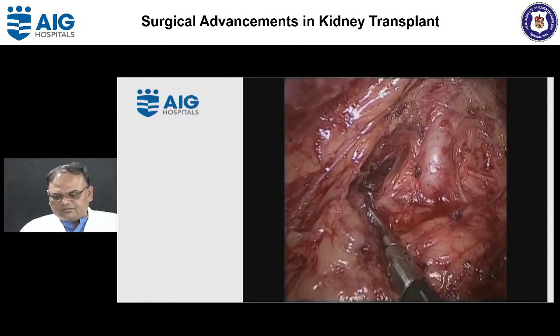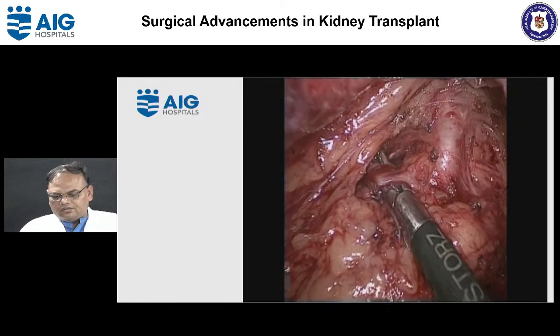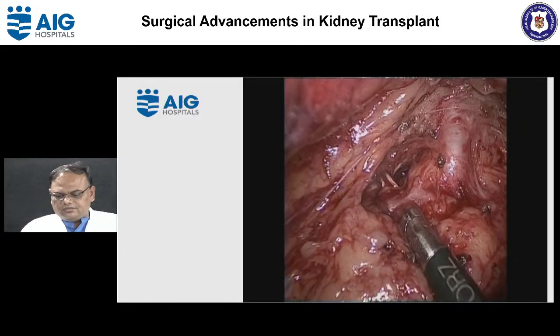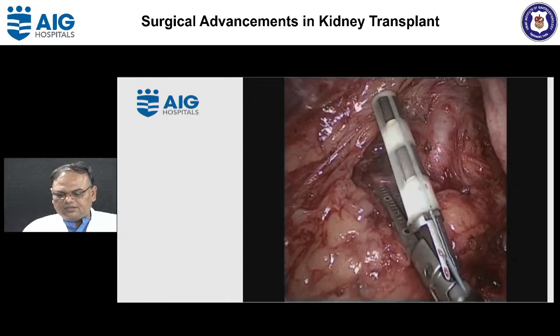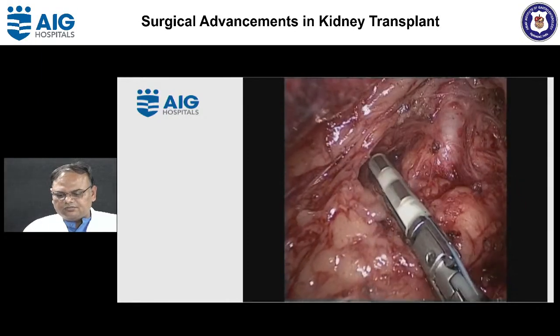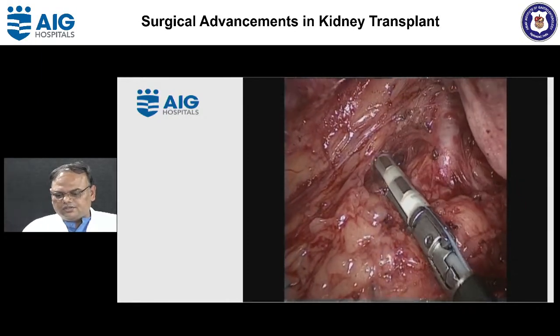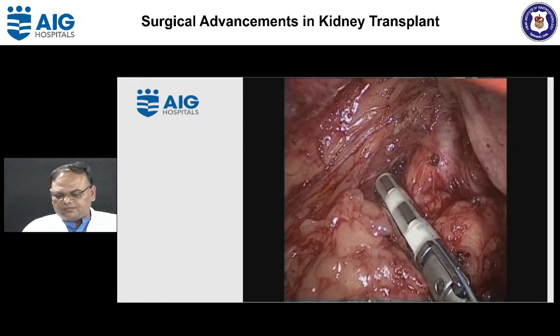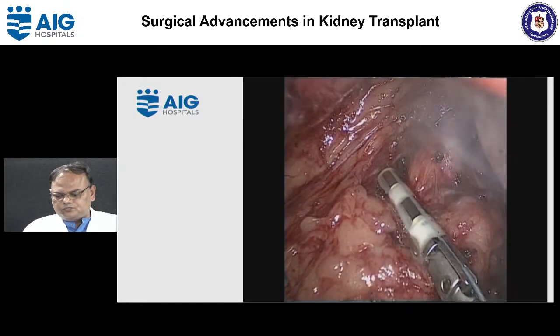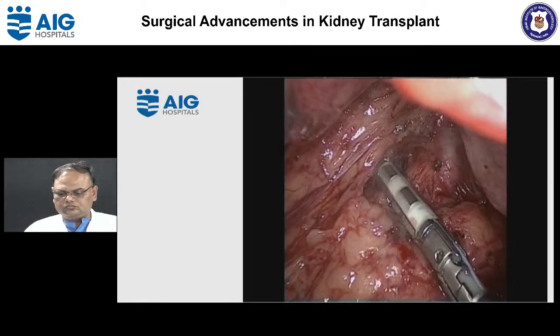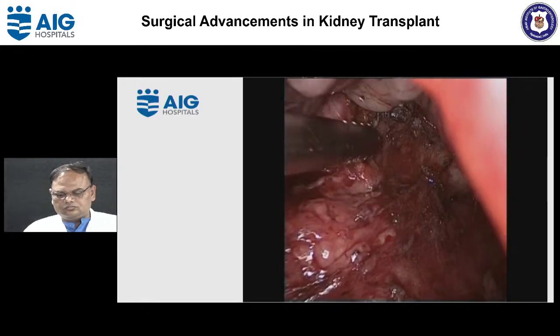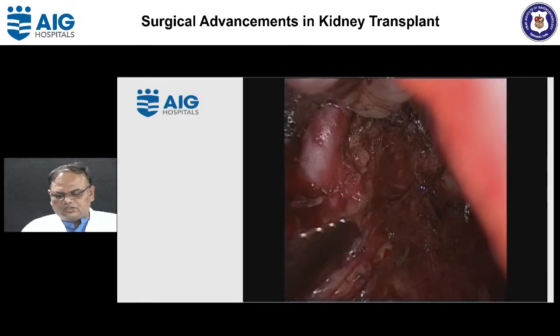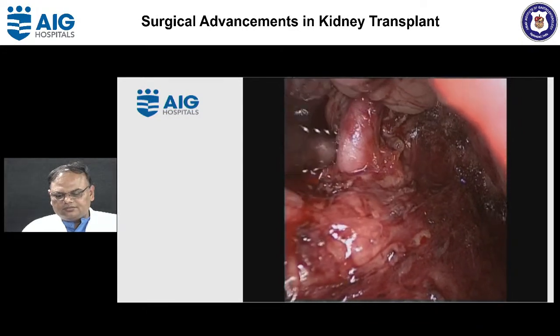Once the kidney is lifted off completely, you see the lumbar vein by the side of the renal artery, and this should be secured carefully. Then the aortorenal angle is dissected.